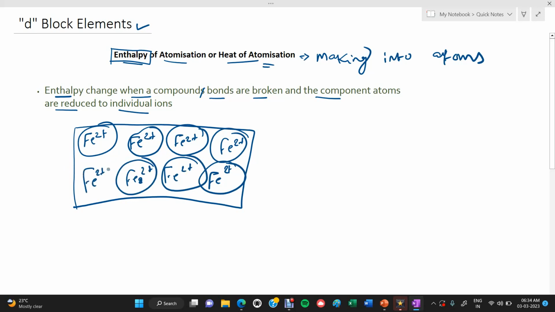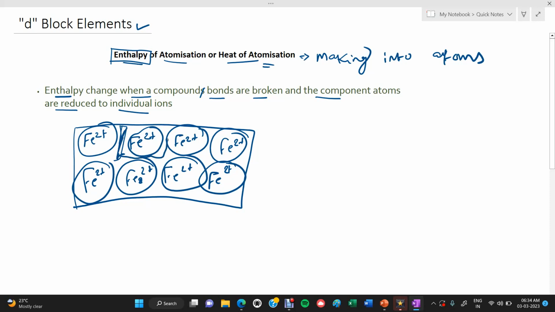released by the iron, this one, Fe2+, every atom gives 2 electrons to make the bonding here. So those electrons are free and they will be moving in between like this, right?